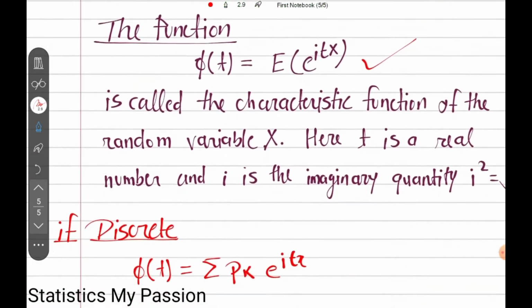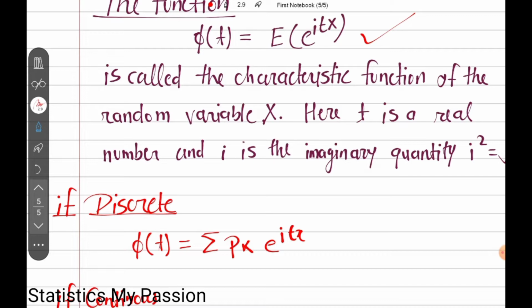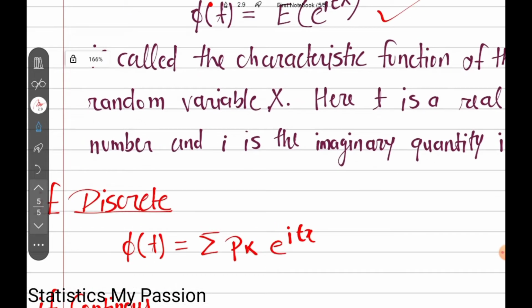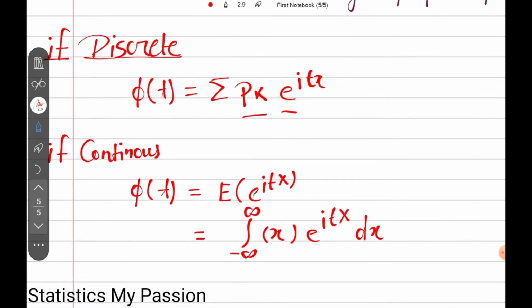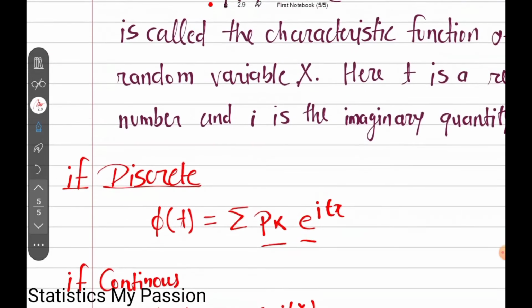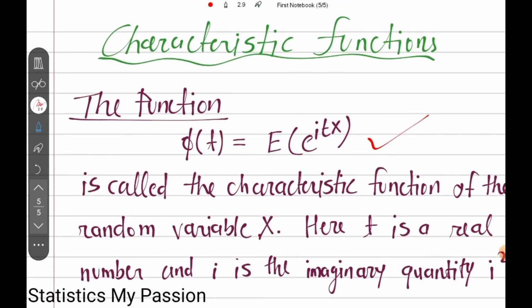Now the two conditions are: if the function is discrete, we can write phi(t) is equal to the summation of p_k e to the power itx, and if it is a continuous distribution, then phi(t) is equal to the expectation of e^(itX), which is the integral from minus infinity to infinity of f(x) e to the power itx dx. So this is the basic definition of the characteristic function.